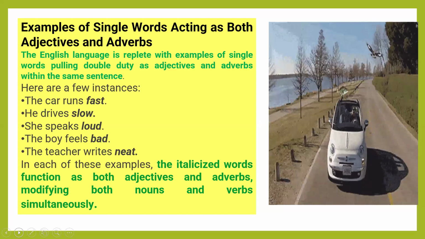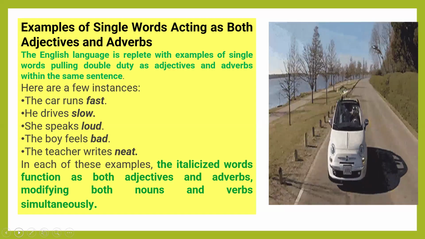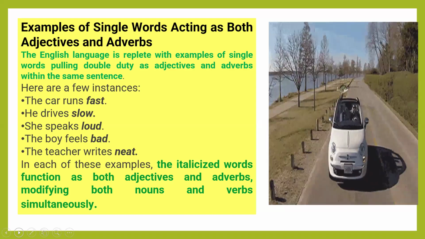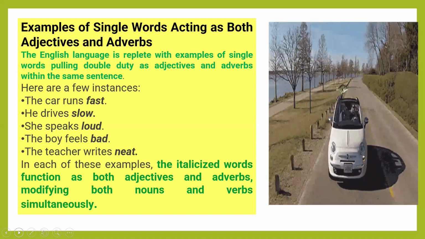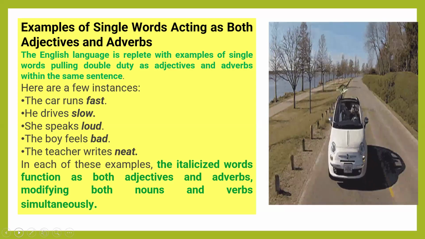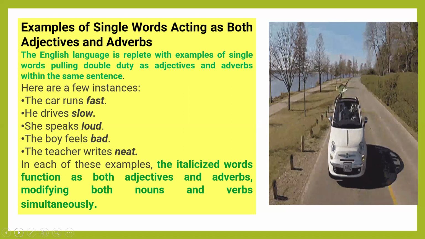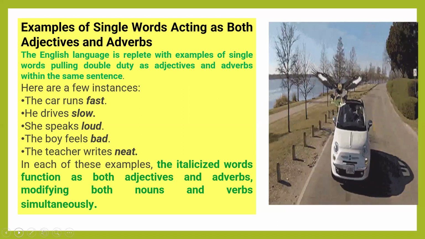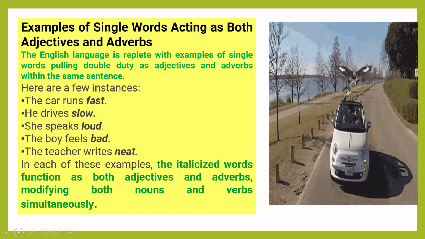The car runs fast, he drives slow, she speaks loud, the boy feels bad, the teacher writes neat. All the italicized words function as both adjectives and adverbs: fast, slow, loud, bad, neat. They modify both nouns and verbs. Fast modifies the verb runs, and car also.